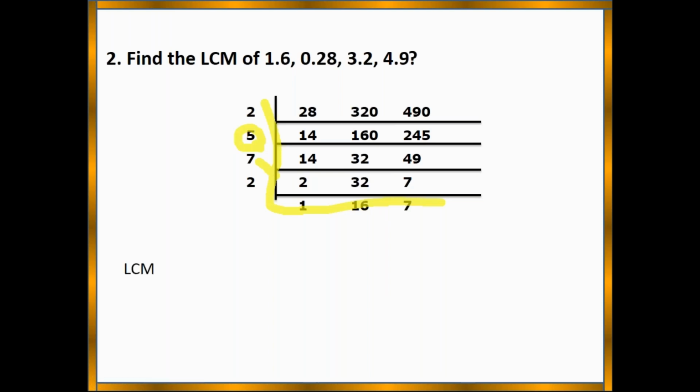So the LCM of these integers, 160, 28, 320, 490 is 2 into 5 into 7 into 2 into 1 into 16 into 7, which is 15680.